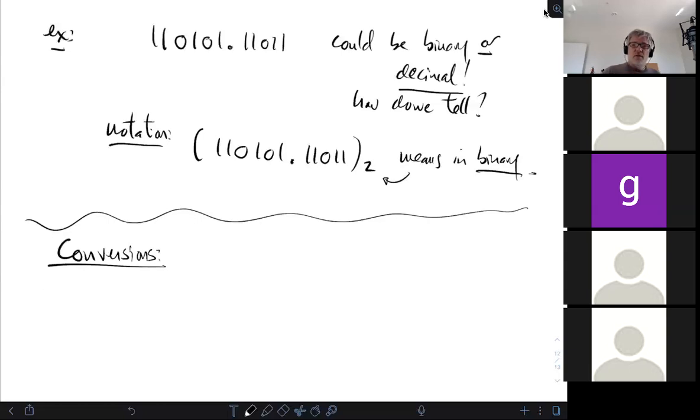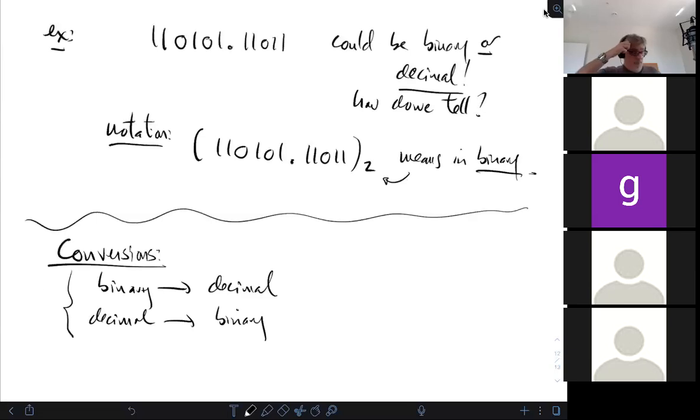Before we look at the operations in binary, I want to talk about conversions, going from binary to decimal and back and forth. So there's 2 things we need to know: binary to decimal and decimal to binary.